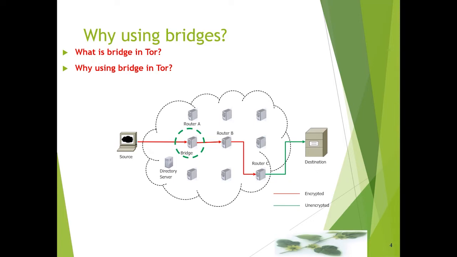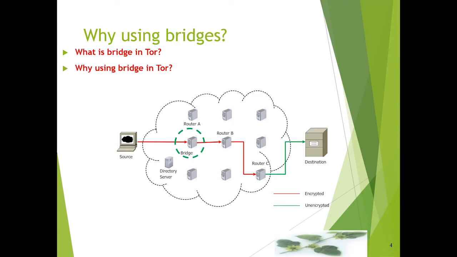Tor has been commonly used for resisting various forms of censorship. However, Tor uses source routing for communication privacy, and the information of all Tor routers is available to clients and publicly listed on the internet.